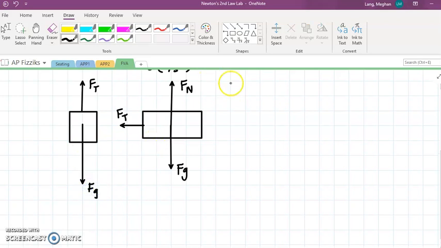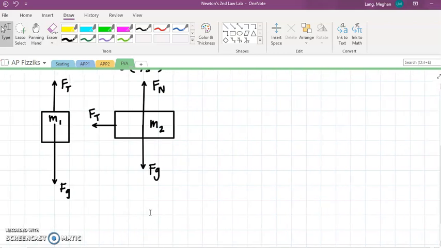Okay, so now I'm going to sum my forces on both of them. So I'm going to sum my forces on the hanging mass, which I'll call mass 1, and the glider, which I'll call mass 2. The glider is moving to the left, sorry, and the hanging mass is moving down.